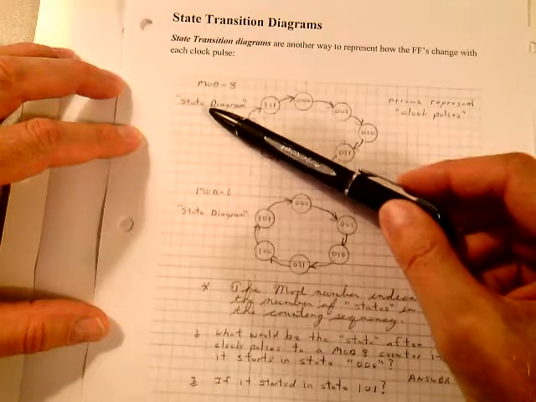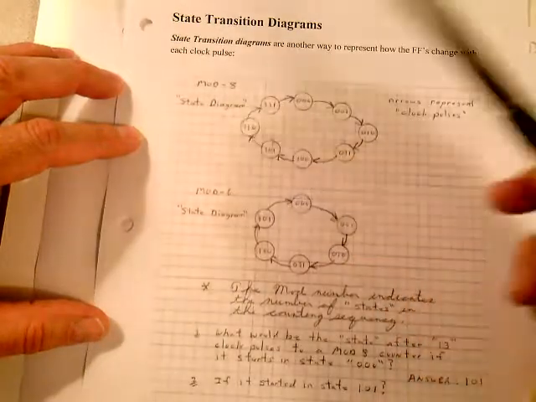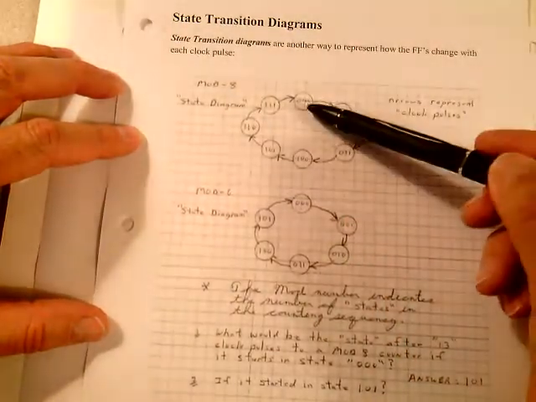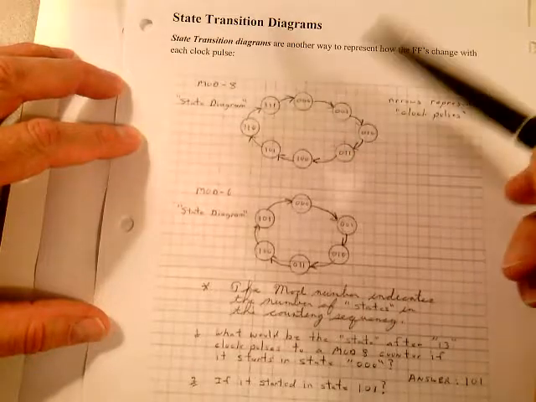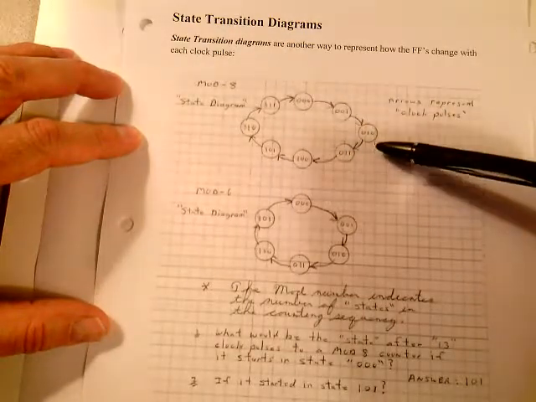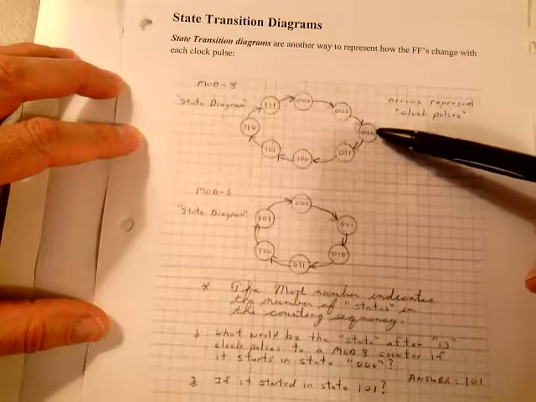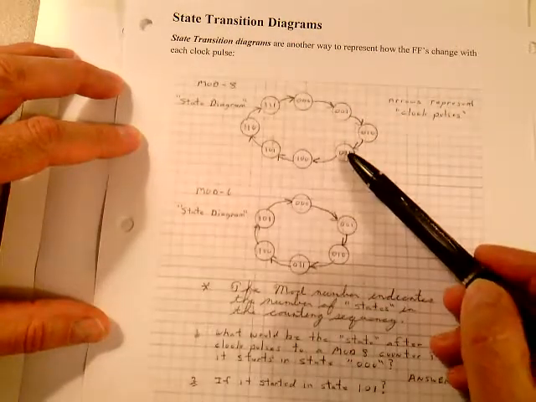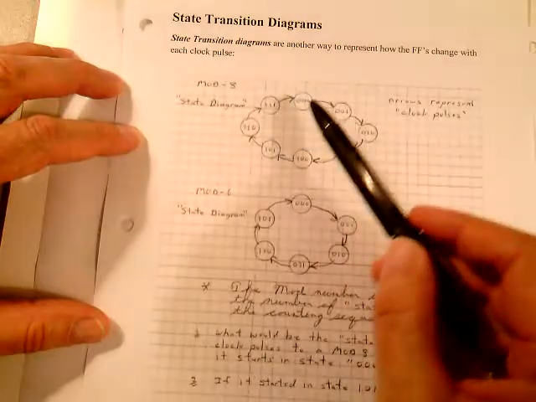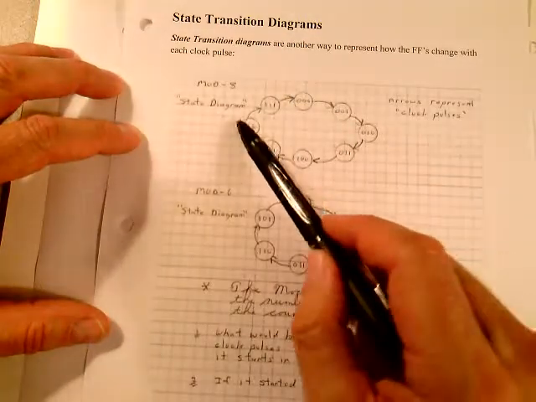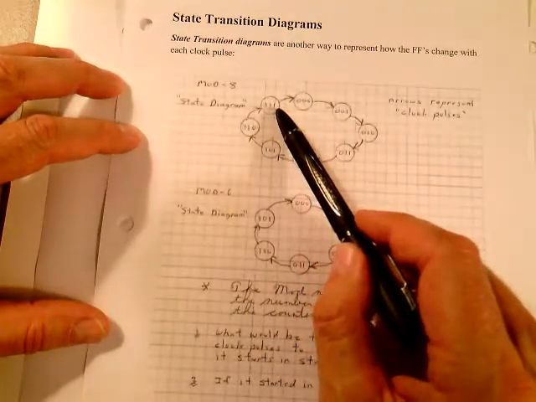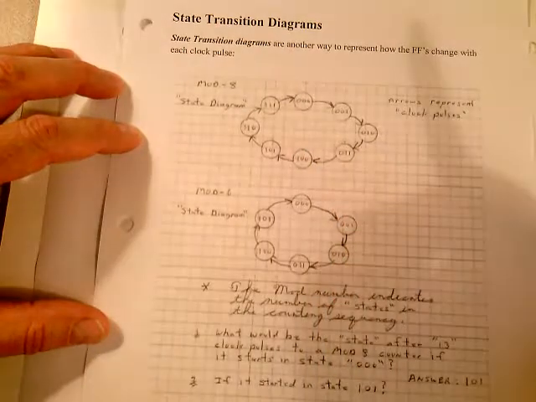On a mod 8 free-running counter, here's the state transition diagram. It starts at 0, 0, 0, and every arrow represents a clock edge. First clock, it goes to state 0, 0, 1, then 0, 1, 0, then 0, 1, 1. It free runs the whole way through to 1, 1, 1, and after 1, 1, 1, it's back to 0, 0, 0.